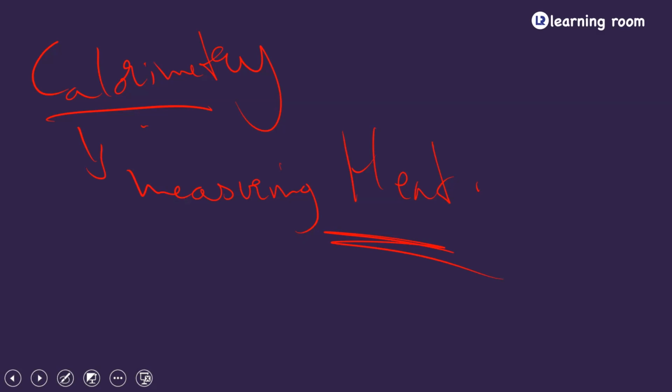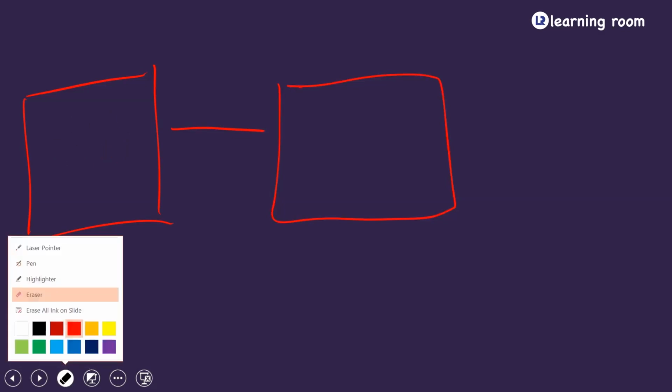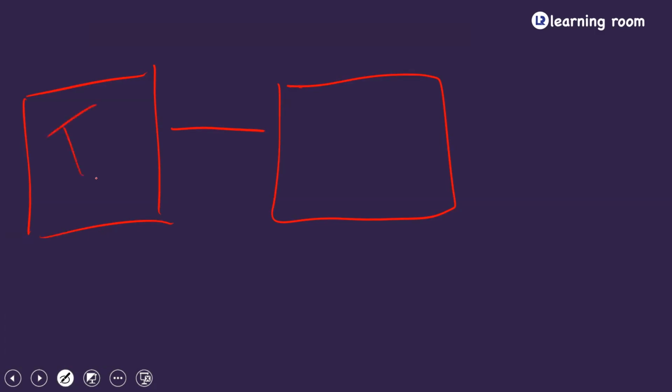The idea here is very simple. If I have one body which is hot and another body, let's say they are at two different temperatures, this is at T1, this is at T2, and I am mixing both.